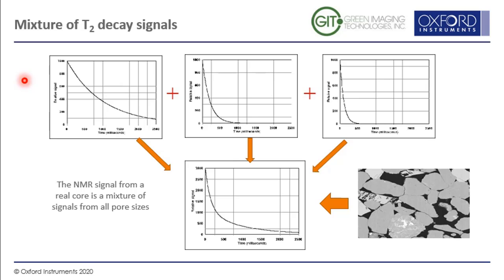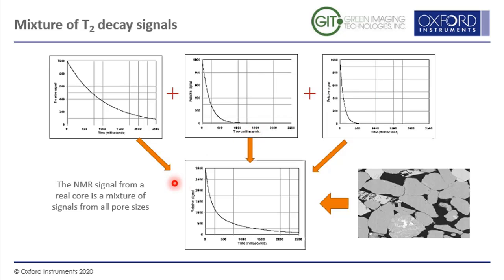Of course, in a real rock sample, we can't pick and choose which pores to examine. We can only see a total signal from all of the pores in the sample. Some large pores with long T2s, some medium-sized pores with medium T2s, and some small pores with very short T2s.